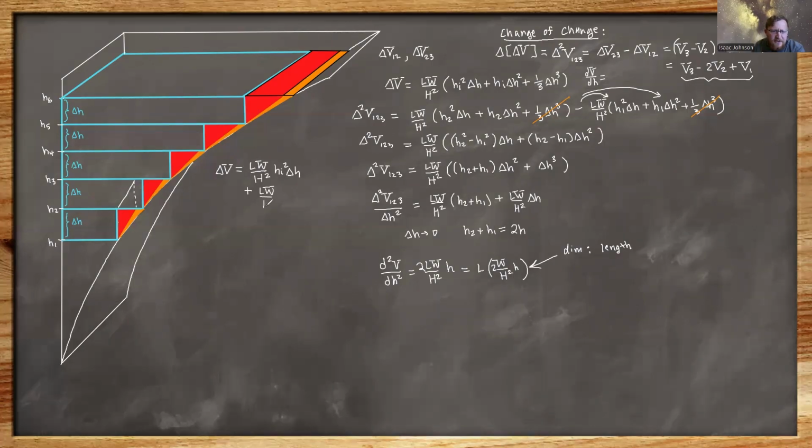Then it had this term, which was the triangular decomposition there. And then it had the final quadratic bit, over h squared, delta u, cubed and squared.